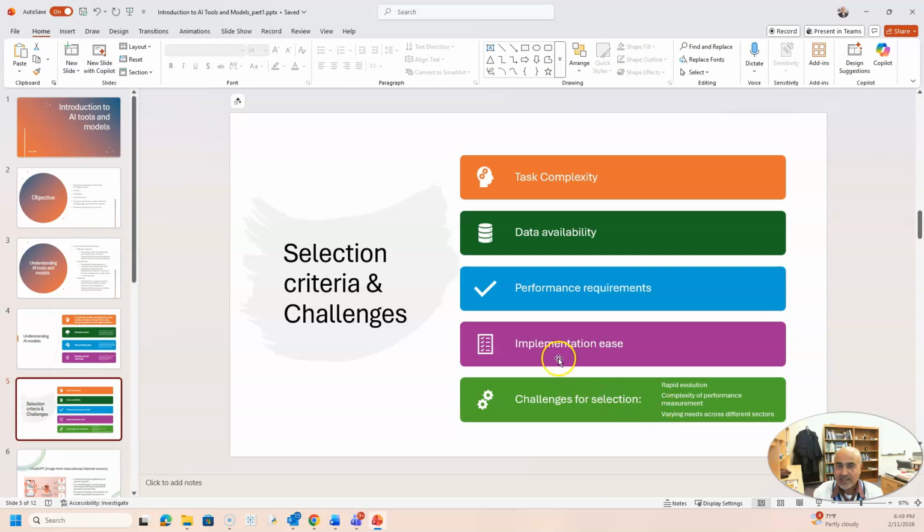Also, the implementation is also very, very important. So anybody who's using this application should know how to use it. So I can tell you for Copilot, it makes it pretty simple.